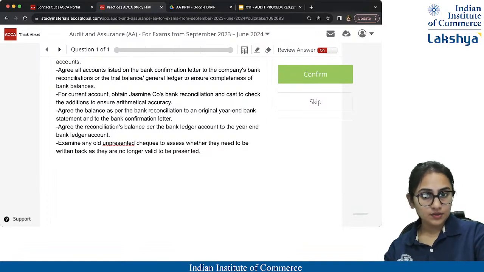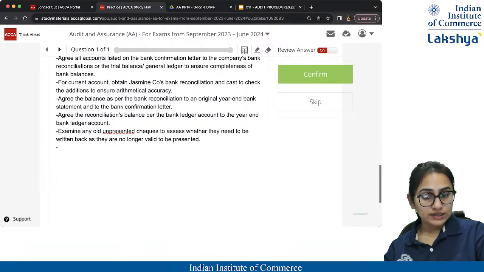Yes, any old unpresented checks which are not valid, so you need to write them back. Then what else?